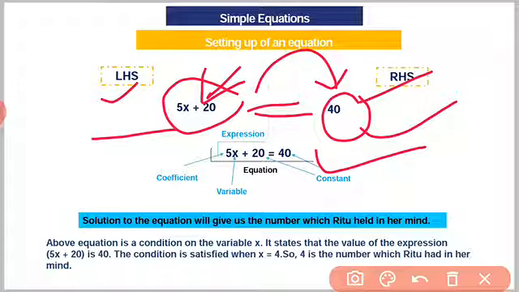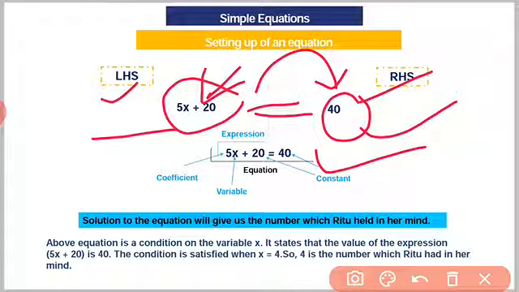When we equate the LHS and RHS expressions, the left hand side with the right hand side, then we get an equation. So 5x plus 20 is equal to 40 is an equation, whereas 5x plus 20 on the left hand side is an expression. It is an algebraic expression, whereas 40 on the right hand side is an expression again, but it is a numerical expression.